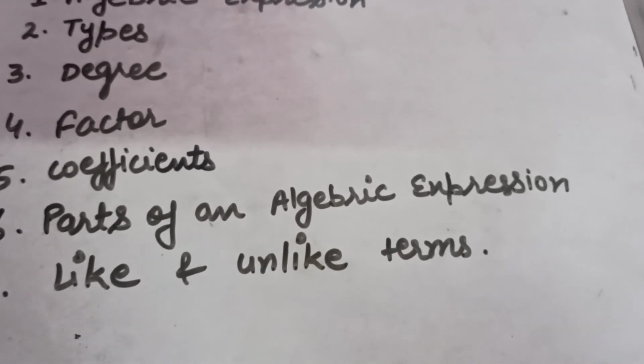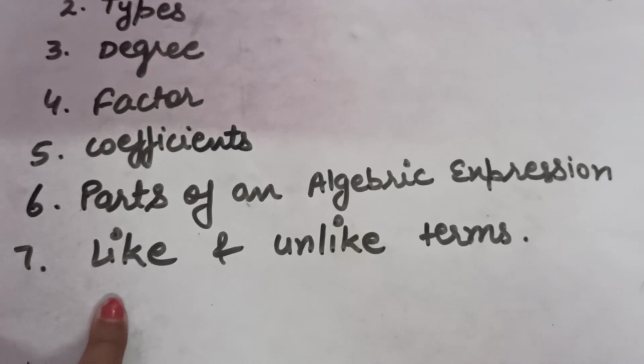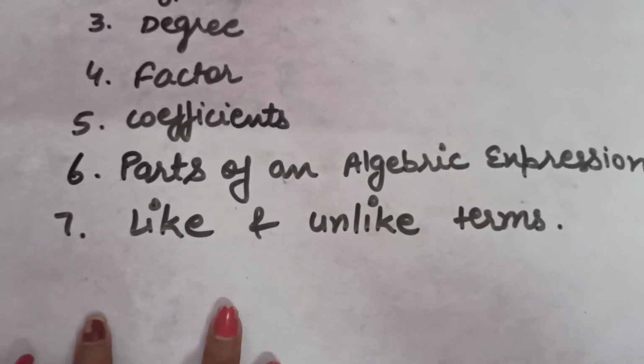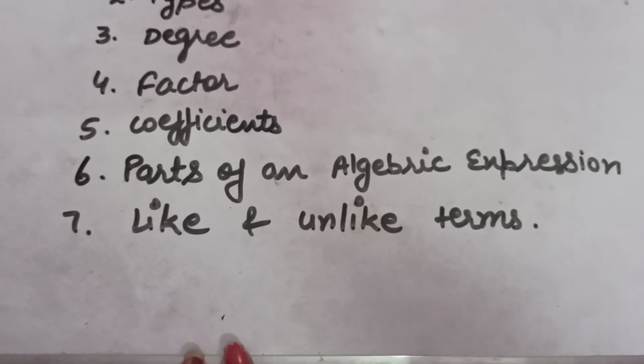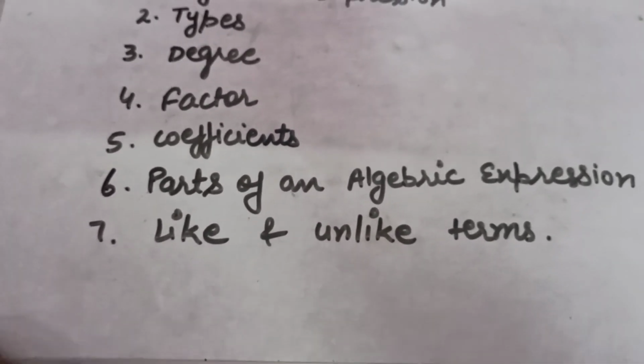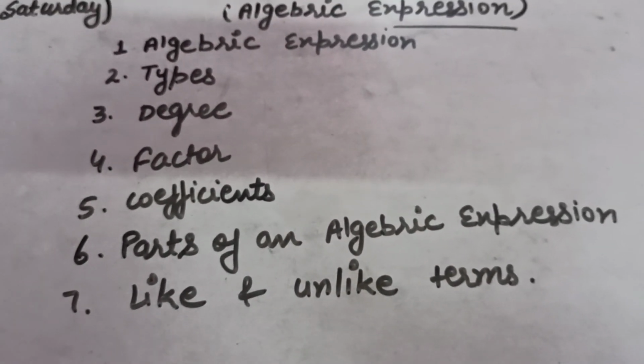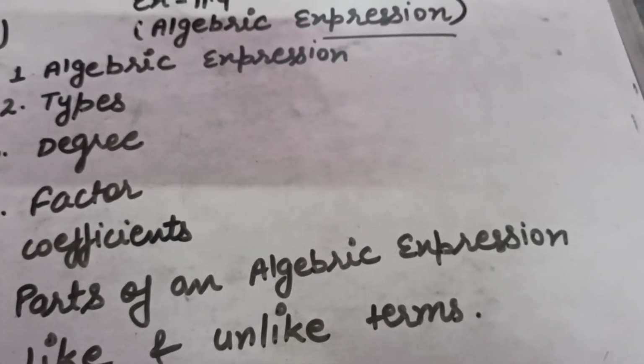Now here we are talking about the complete variables, and terms that have the same power and the same variable are known as like terms, and unlike or dissimilar terms are the terms which are not like terms. So the introduction of exercise 11.4 is clear.